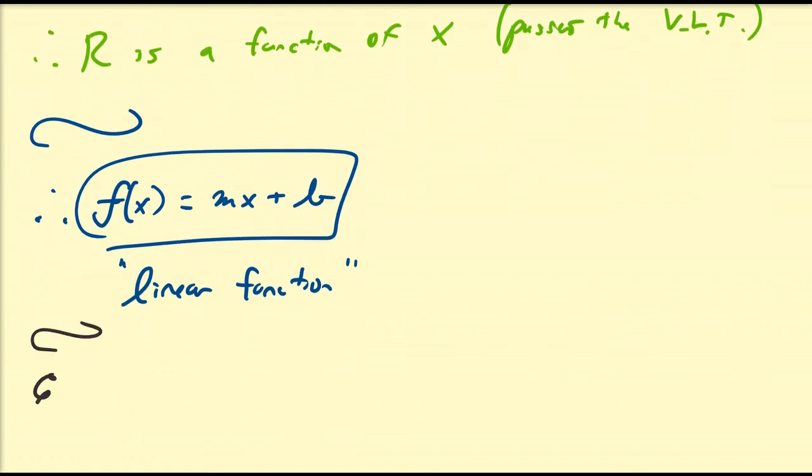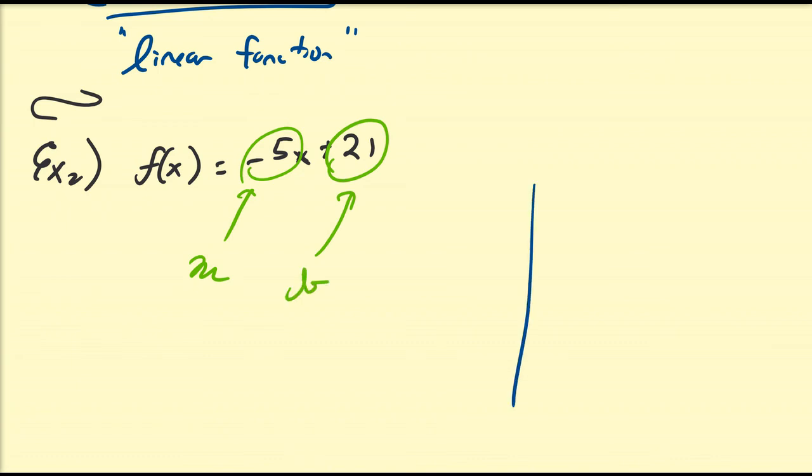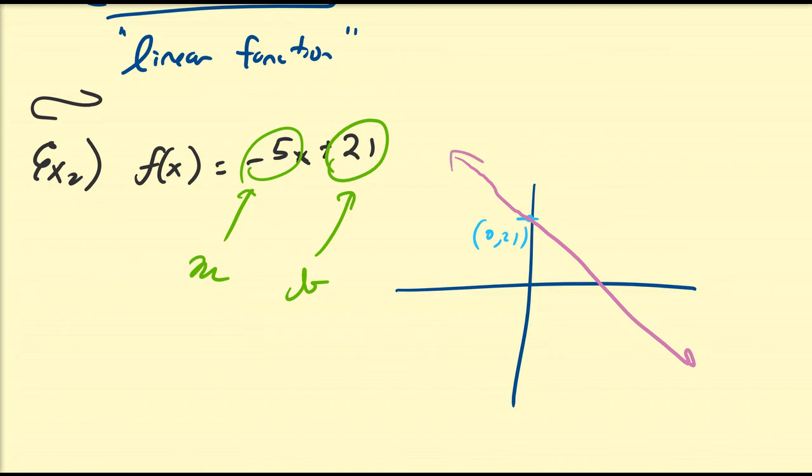So, as an example, consider the linear function f of x is equal to minus 5x plus 21. Since this linear function is written by default in slope-intercept form, this number in front of x corresponds to my slope, and this number by itself corresponds to my vertical intercept. So if I want to graph this function, it's going to have a vertical intercept up here at 0, 21, and it's going to be decreasing since the slope is negative, so my line is going to be going down.